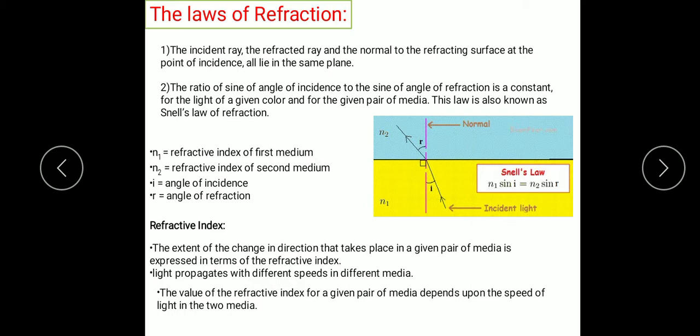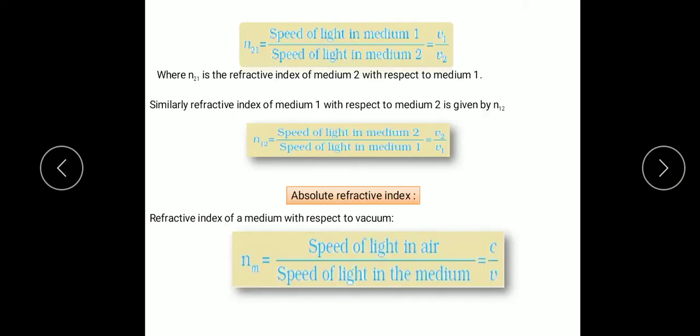As light propagates with different speeds in different media, the value of the refractive index for a given pair of media also depends on the speed of light in the two media. So we can write the refractive index formula in terms of the velocities of the two media also. Now let us see the expression for the refractive index in terms of velocities.